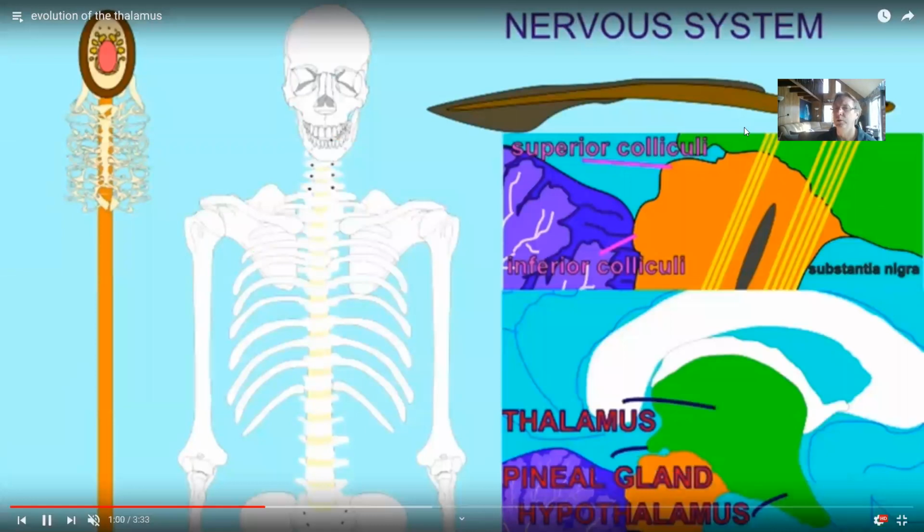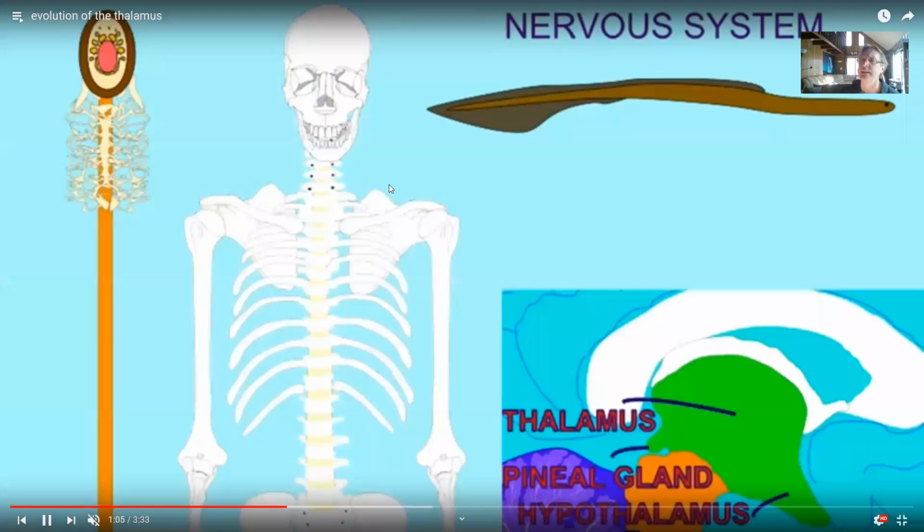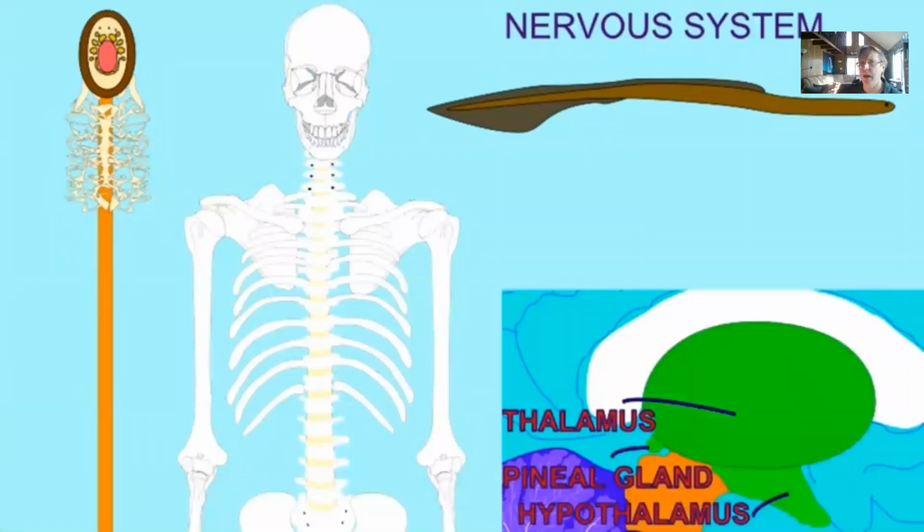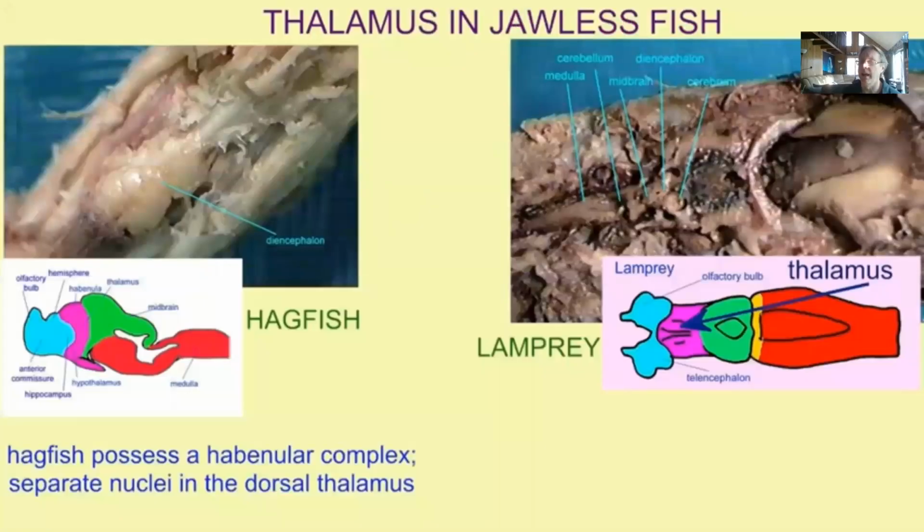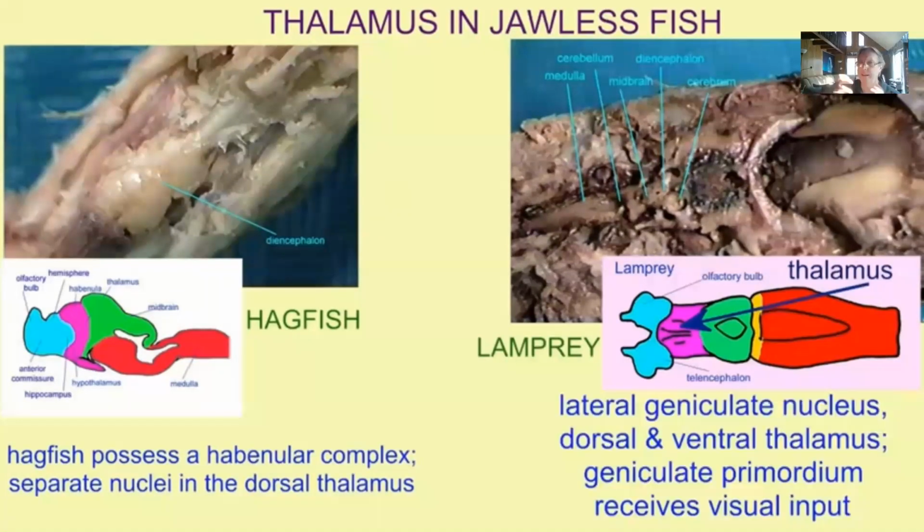Once we get into the vertebrates, even the simplest vertebrates, the jawless fish, have not only a diencephalon, but then they have separate regions of the diencephalon, a thalamus and a hypothalamus and a pineal gland. And then within the thalamus, there are separate nuclei.